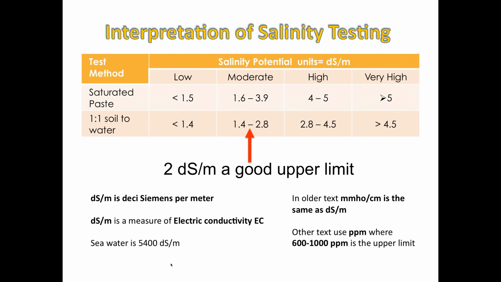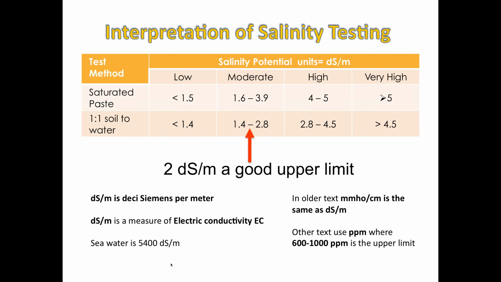And it's important to know that each of those different techniques will give you different results, with the saturated paste giving you slightly higher numbers than the 1-to-1 soil to water. But generally, if you write in your specifications that 2 decisiemens per meter is the upper limit of what you would accept, you should be okay for most plants.